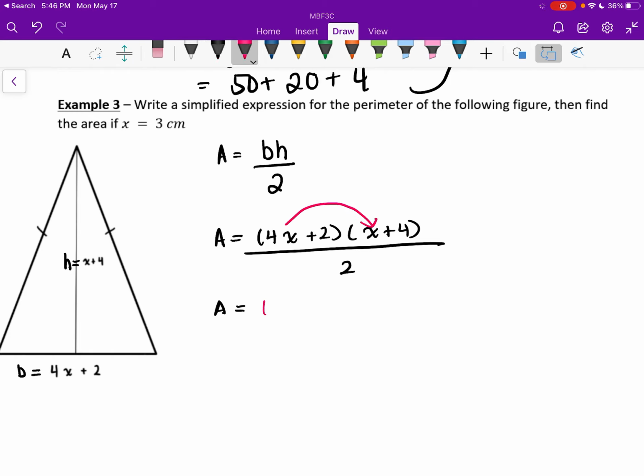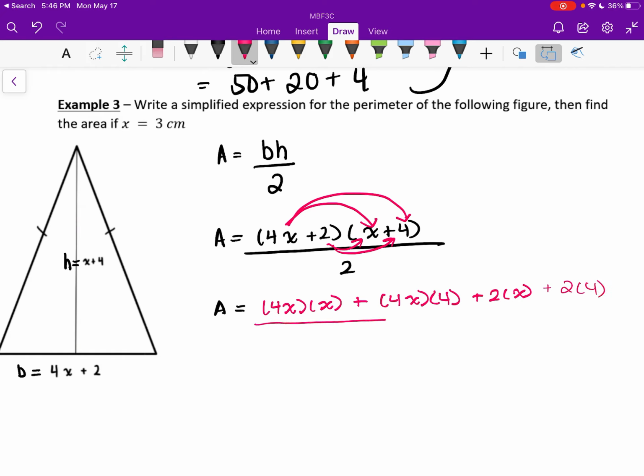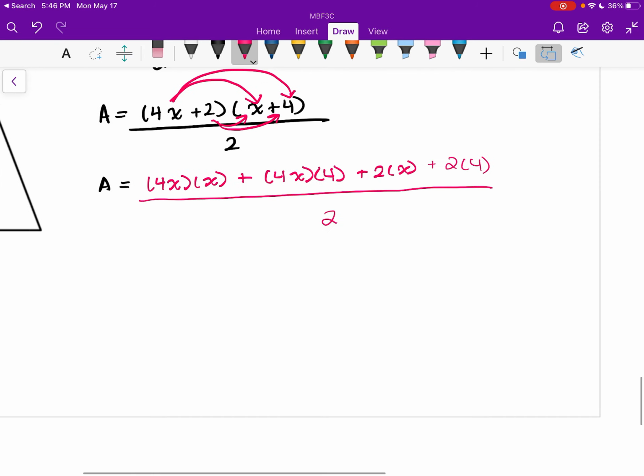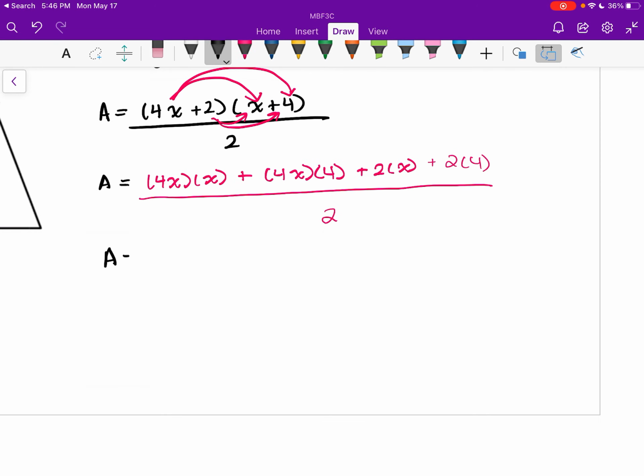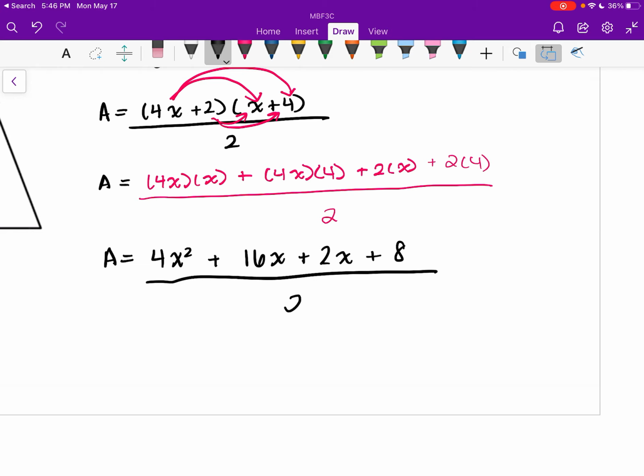So 4x times x, plus 4x times 4, then 2 times x, and then 2 times 4, all divided by 2. And now I want to simplify, right? So I'm going to start putting stuff together. 4x times x is 4x squared, plus 4x times 4 is 16x, plus 2x, plus 2 times 4 is just 8, all divided by 2.